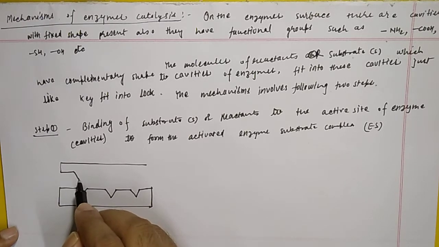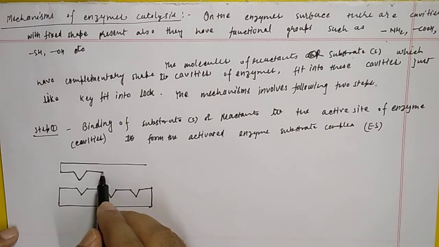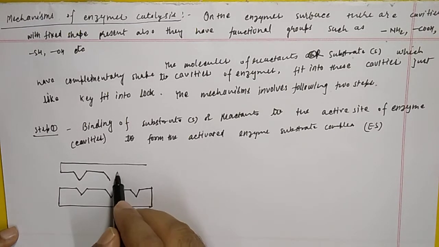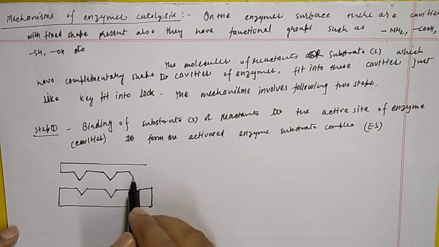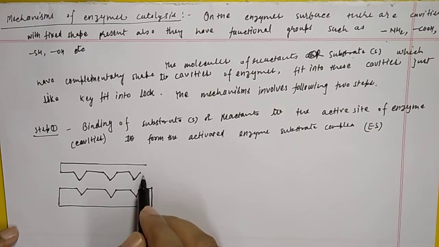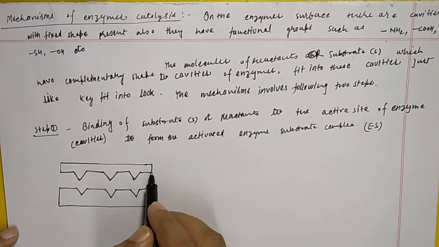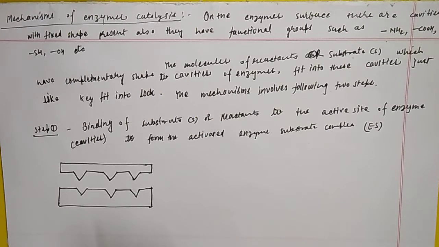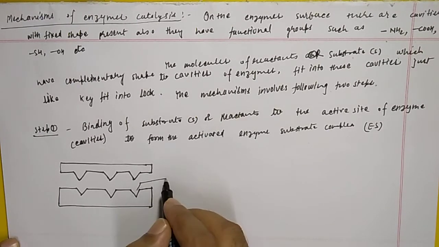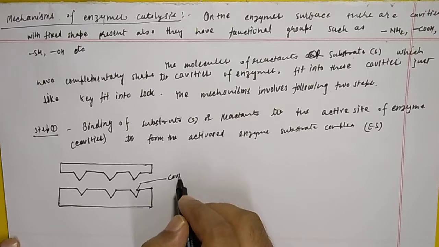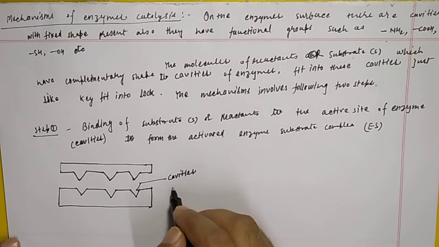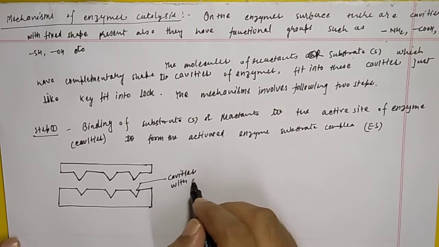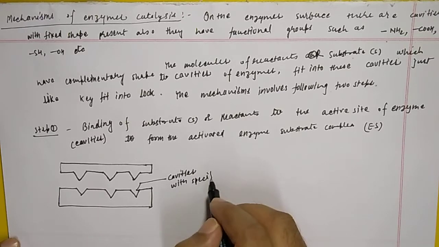At the same time we have the substrate, which is capable of fitting into the active site of the enzyme. These are the cavities with a specific shape.